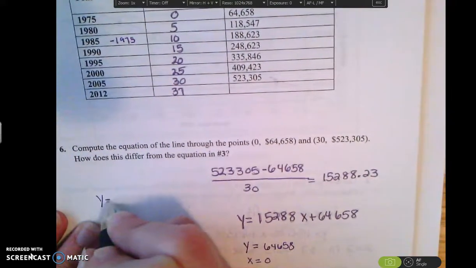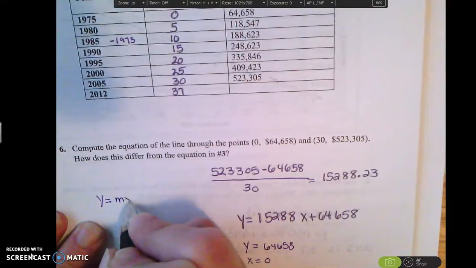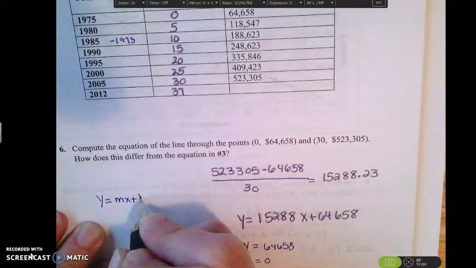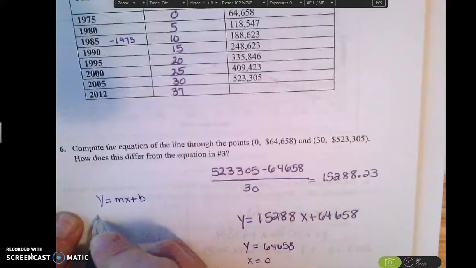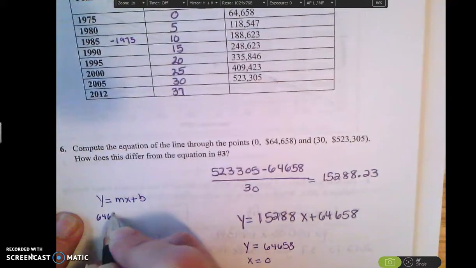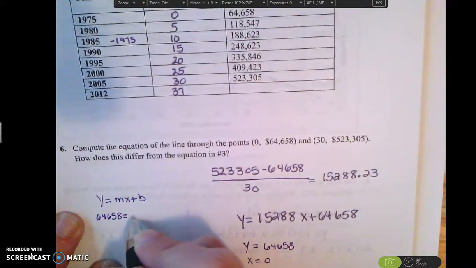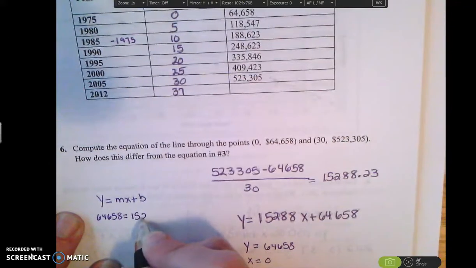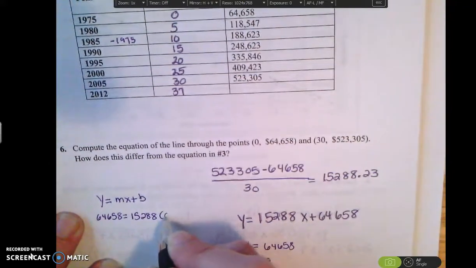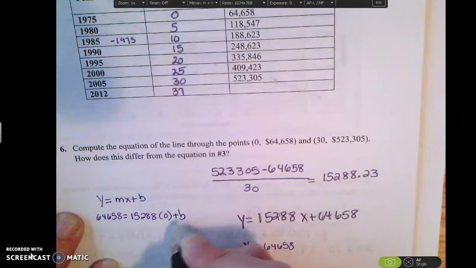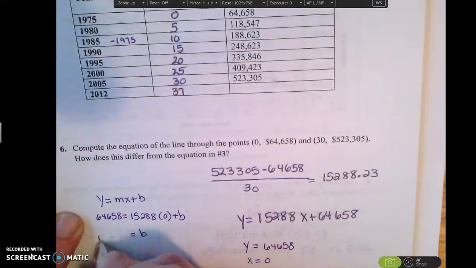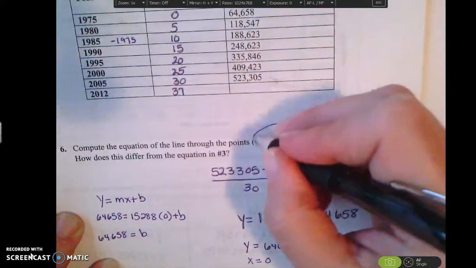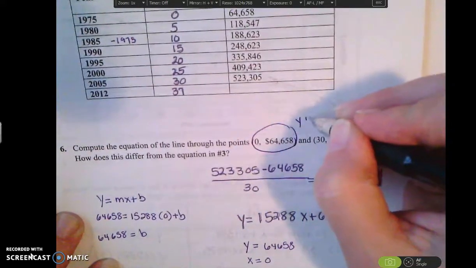And if I go into this equation and I put the 64,658 and I put 15,288 and I put 0 for x plus b, I end up with b just equaling 64,658. So this is my y-intercept.